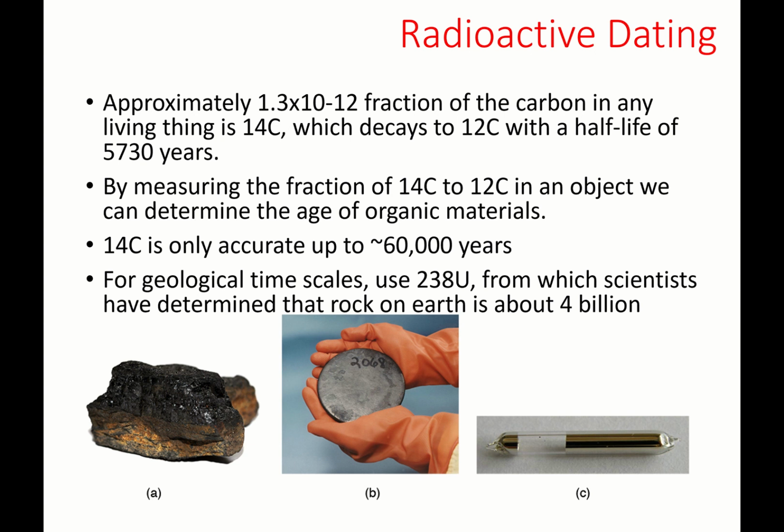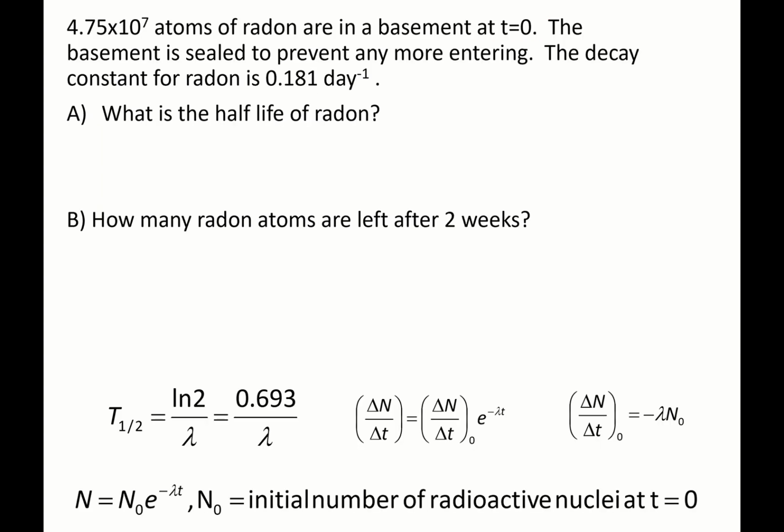Carbon-14 dating is only accurate up to about 60,000 years. That's about 10 half-lives. After that, the amount of it becomes so small you can't accurately measure it. For geological timescales, geologists use uranium-238, and that's how scientists have determined that the rock on Earth is about 4 billion years old. Okay, so let's do a couple of problems.